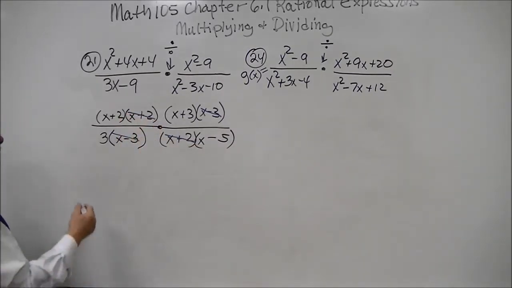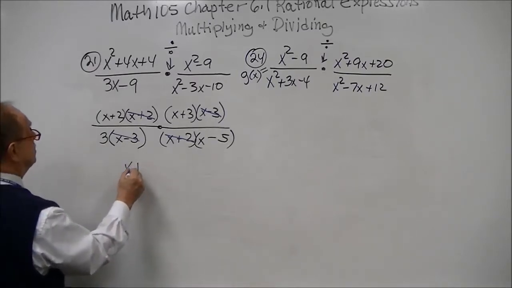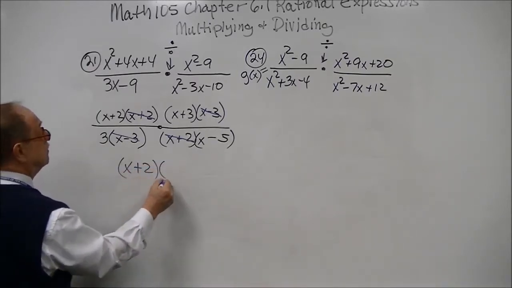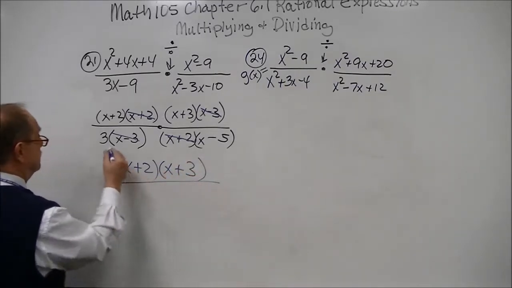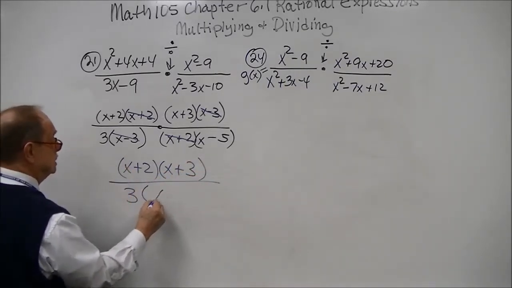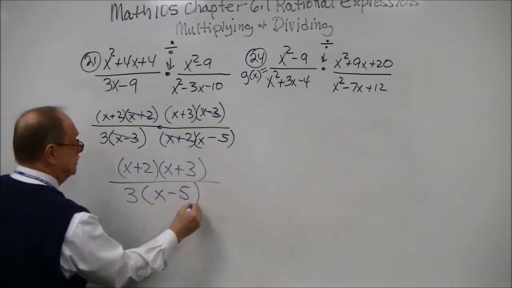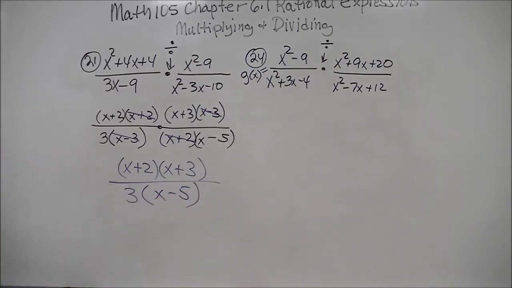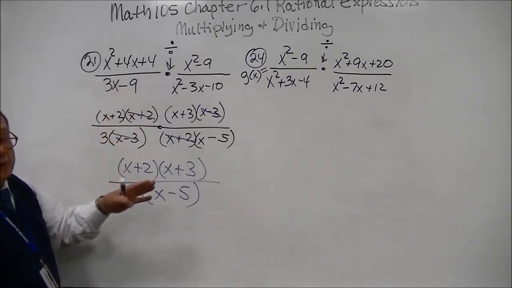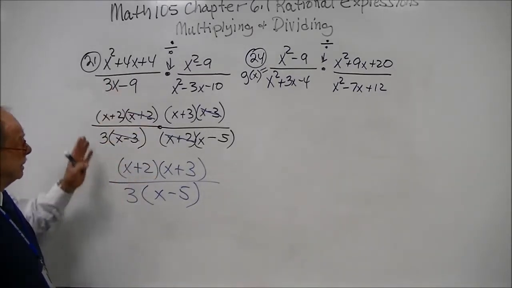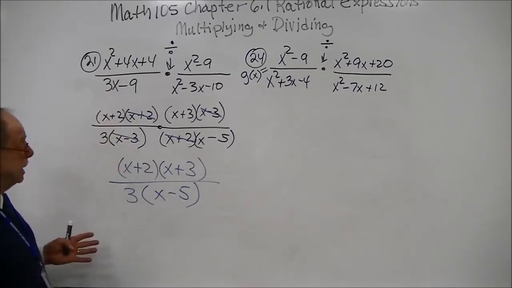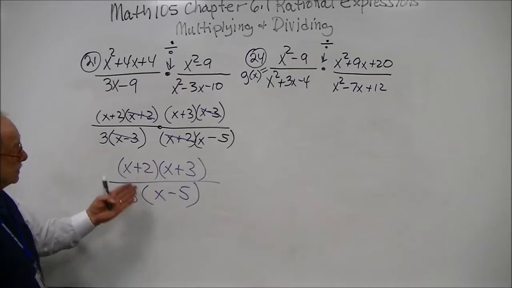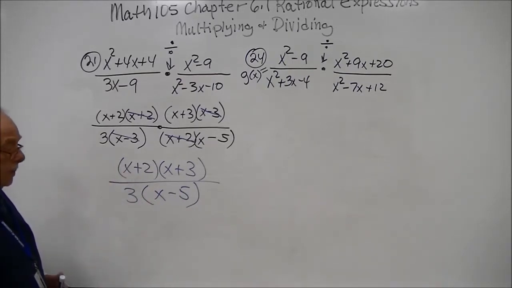And what we're left with then is x plus 2, x plus 3 all over 3 times x minus 5. So even though they want us to divide or multiply, they really want us just to factor and simplify and put our answers in factored form.